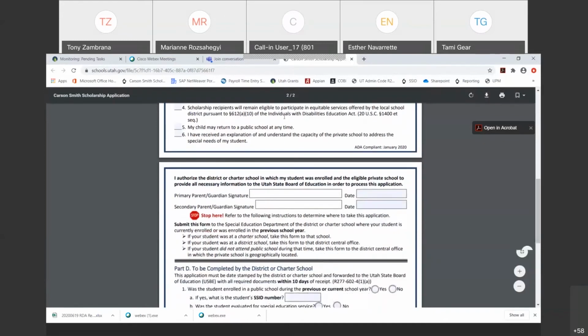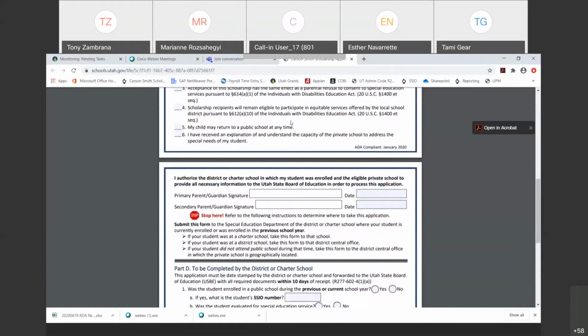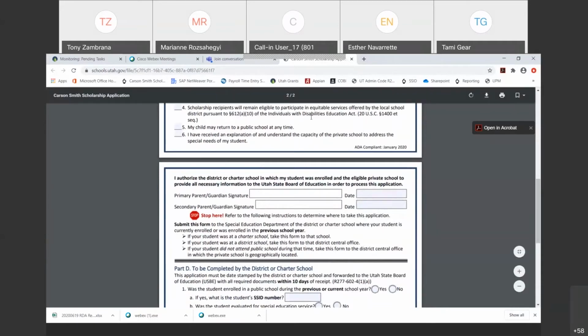So again, all these things are making sure that the parent is aware of the stipulations of the program and has accepted those. 4, scholarship recipients will remain eligible to participate in equitable services offered by the local school district pursuant to 612A10 of the Individuals with Disability Education Act.